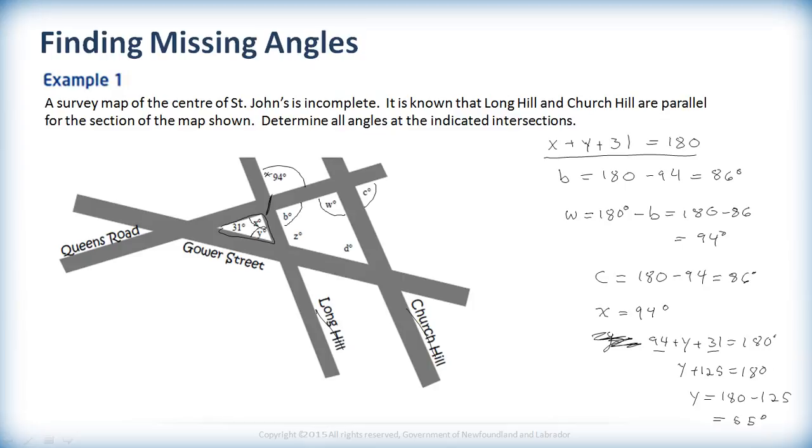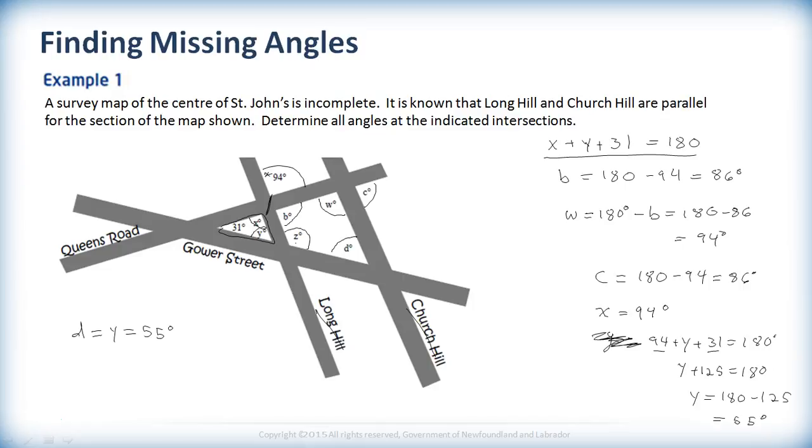So if y is 55 degrees, I think we can get angle D because angle D is corresponding to angle y. Running out of space here, let's write it over here. Angle D is corresponding, so that has to equal y, so that's got to be 55 degrees. And then the only one we have left will be angle Z over here.